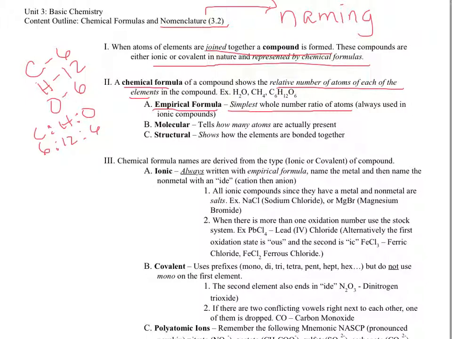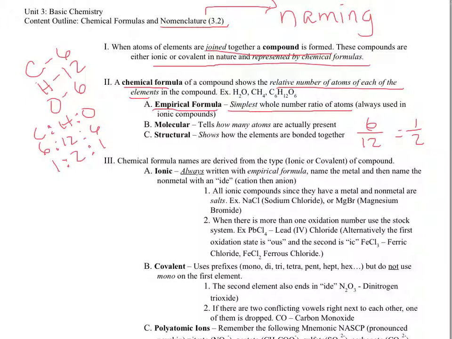Well, when we do that, we can reduce those numbers down, just like you can reduce the fraction 6/12 down to 1/2. We can reduce these numbers to 1, 2, and 1, because 6 will go into 6 one time, 6 will go into 12 2 times, and then 6 will go into 6 again one time.